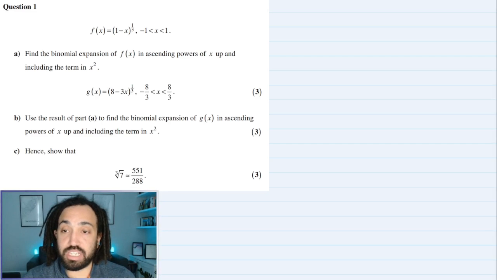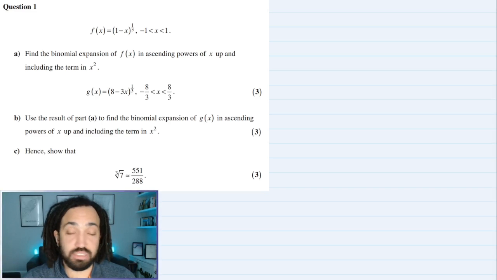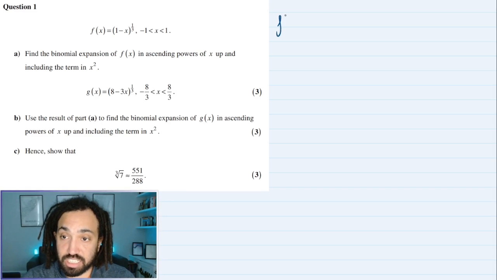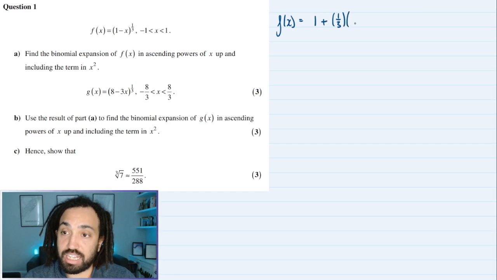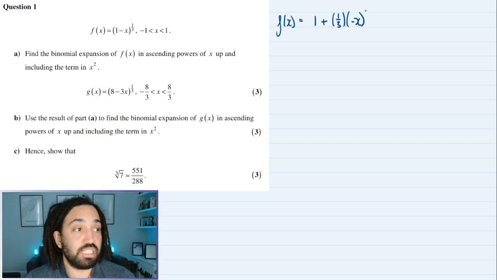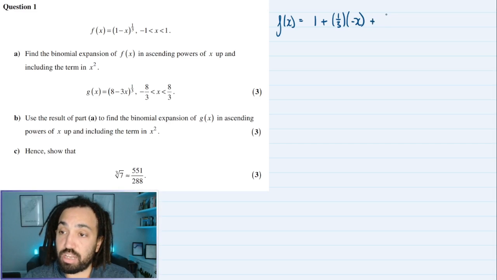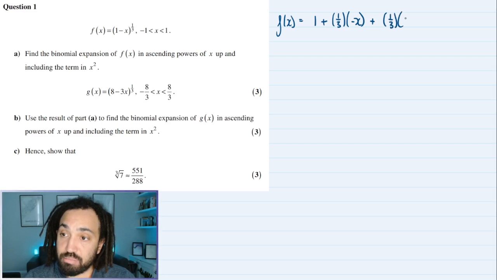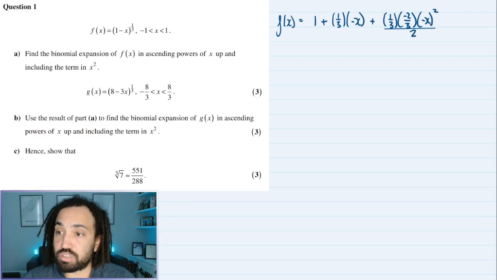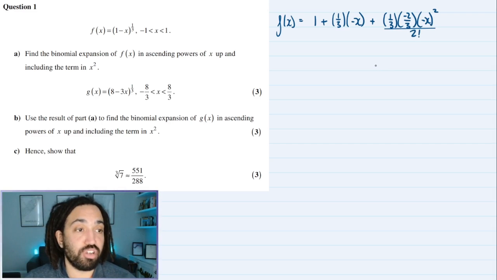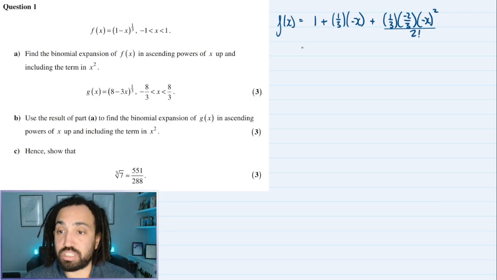It means we're going to be using the formula which you're given in your formula booklet, and that's going to tell us that f of x is equal to 1 plus nx, where n is the power and x is the variable inside the bracket, which in this case is minus x, and then it's plus n, n minus 1, x squared over 2 factorial. And we don't need to go any further than that because we've just been asked for the x squared term.